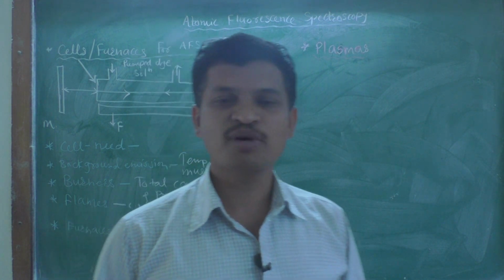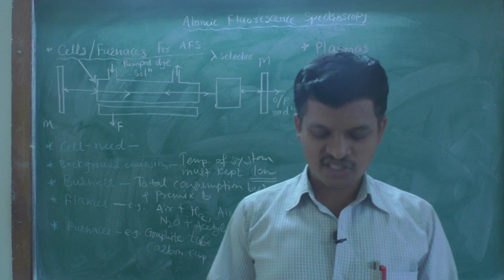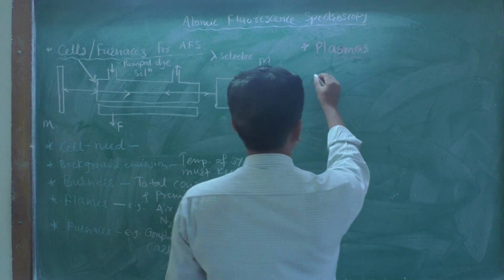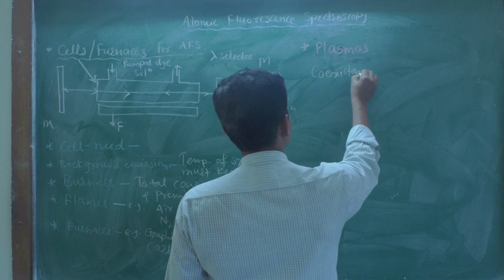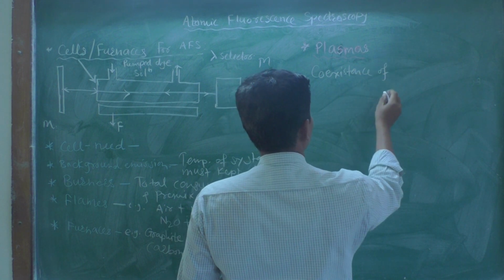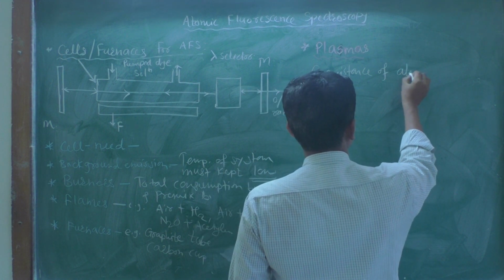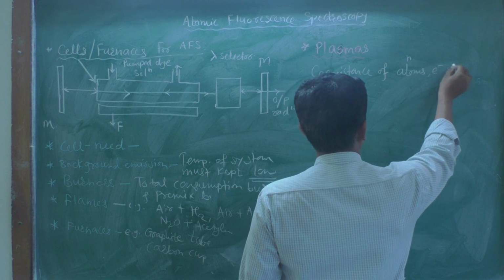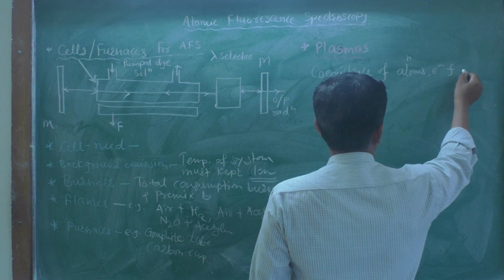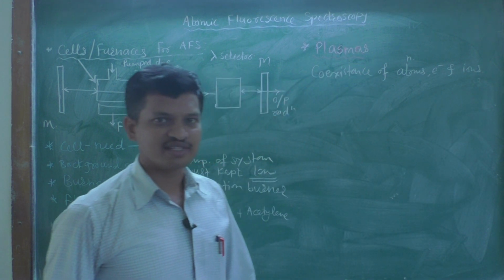So what is plasma? Plasma is nothing but a coexistence of neutral atoms, electrons and ions, that is positively charged ions, cations.